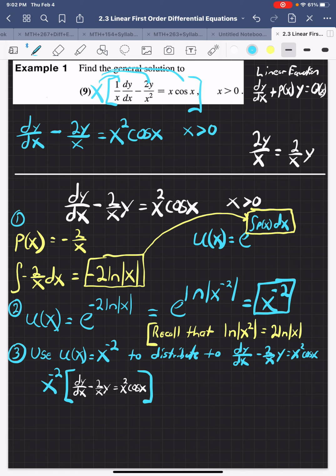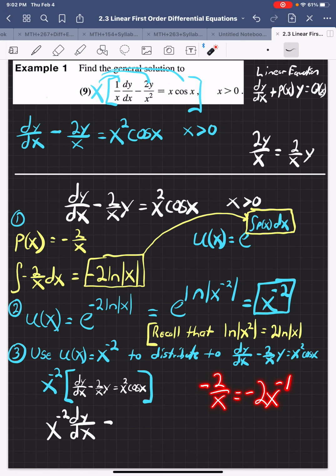So if we distribute that x to the negative 2, what does that look like? So that's going to be x to the power of negative 2 dy dx minus, well, I hope this makes sense. If you have negative 2 over x, that's just negative 2x to the negative 1, right?